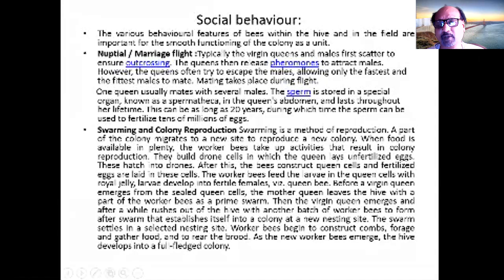Swarming is when a part of the colony migrates to a new site to reproduce the colony. When food is available in a plant, the worker bees take up activities that result in colony reproduction. They build drone cells in which the queen lays unfertilized eggs. These hatch into drones.